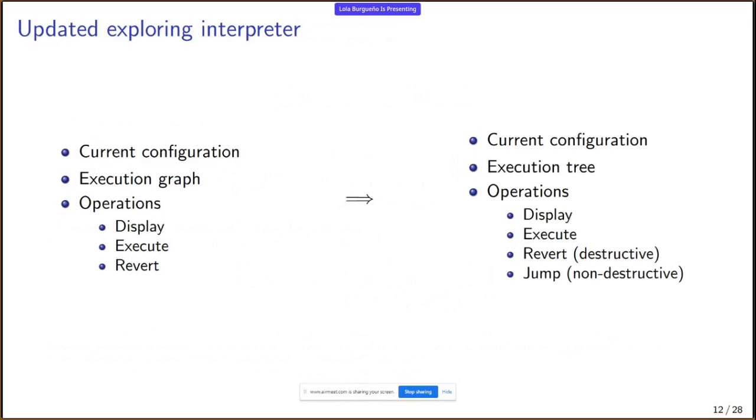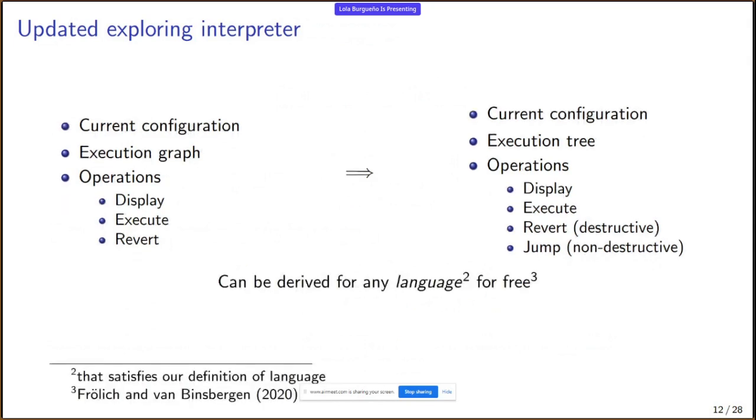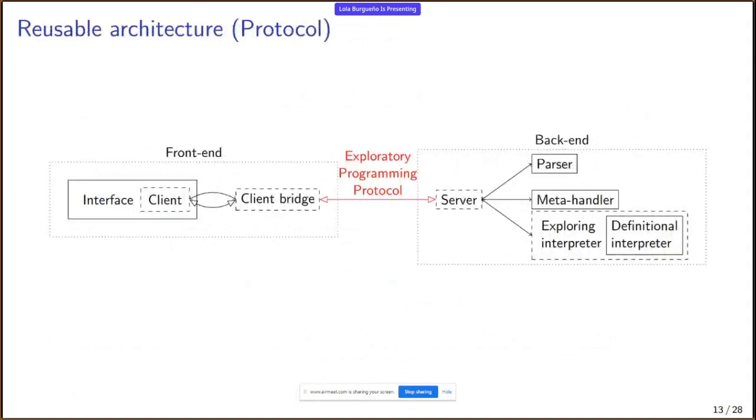And we take the decision to split revert into two operations. One is the destructive revert, and one is the jump, which is non-destructive. And now the user can just decide what to do with the exploration tree and maybe trim it when they don't need an exploration part anymore. So these exploring interpreters can be derived for any language that follows our definition of language for free. So we don't actually have to do anything.